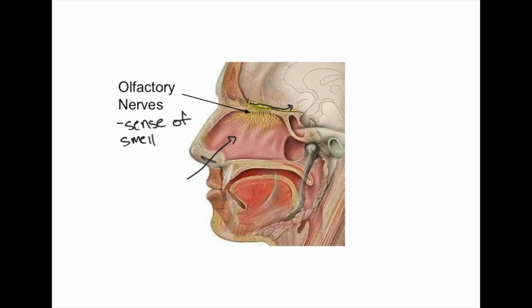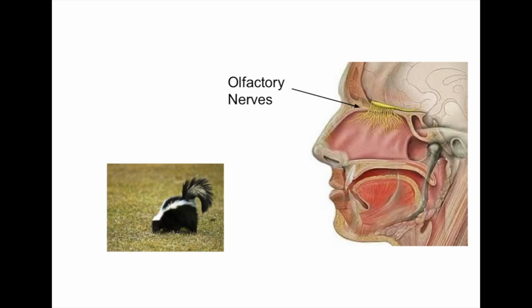One of the ways to really picture this is, let's say that you're driving down the road and all of a sudden you smell the smell of a skunk. So what's really happening? I'm sure most of you understand that skunks spray as a defense mechanism. They emit a spray out of glands in their anus.